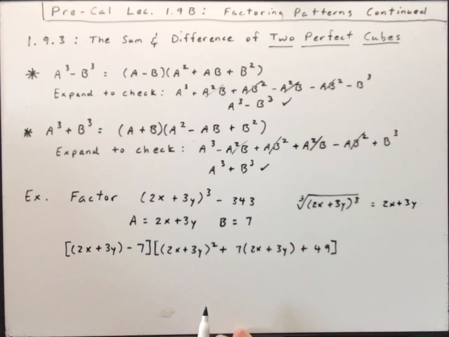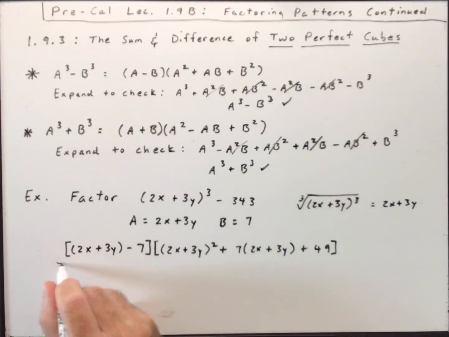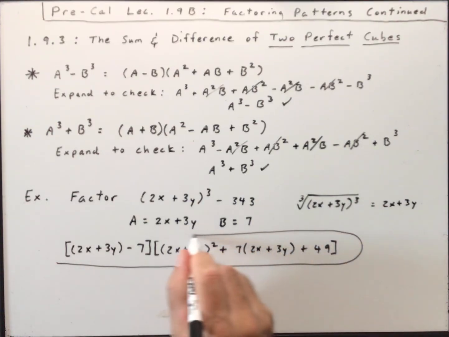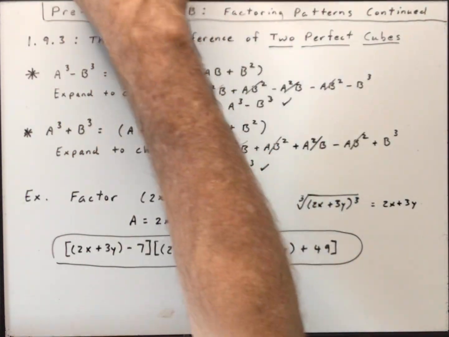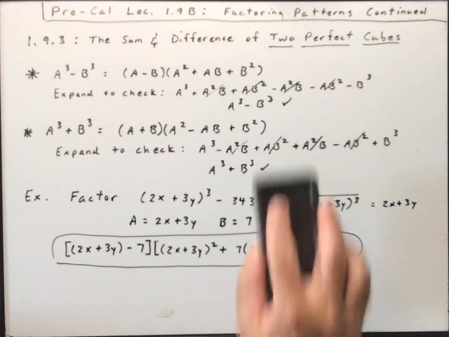All right, so that's really fancy looking, but it's pretty cool that we can use factoring patterns to factor that. You could check it. It would be quite a long check to distribute all that, but you could absolutely do that, and you would end up back here at the beginning. All right, let me erase all this, and we'll go to section 1.9.4.